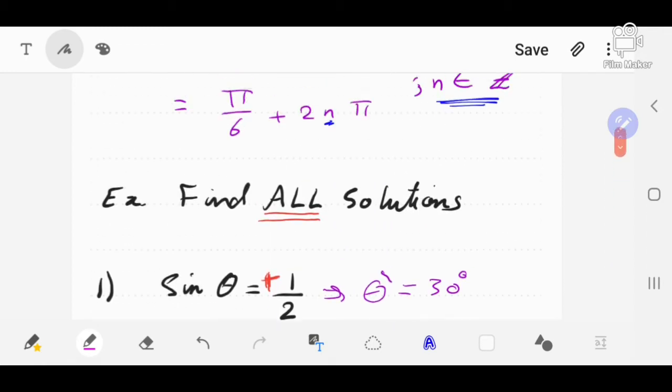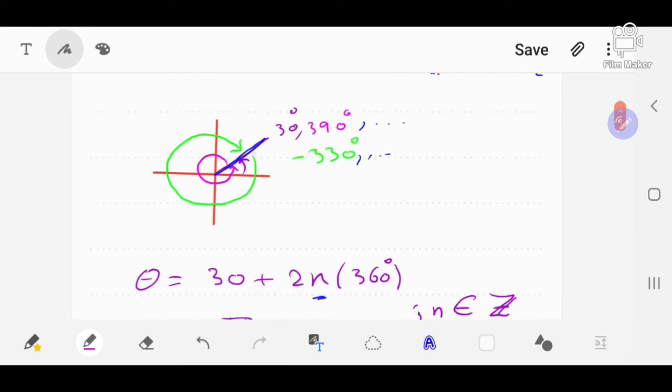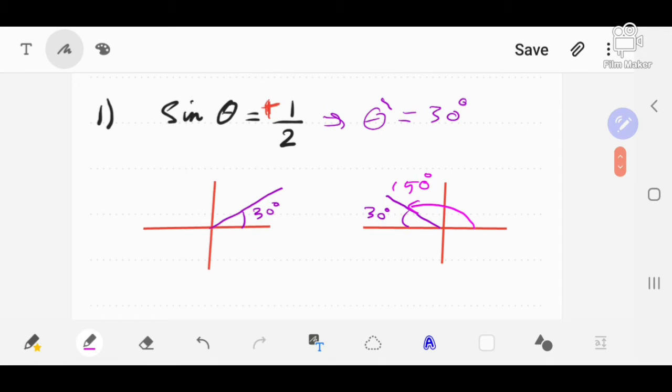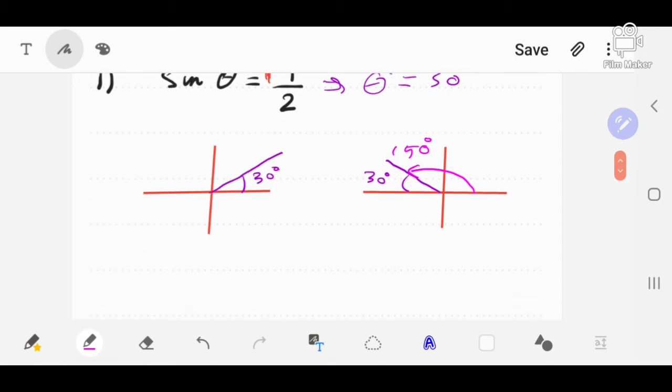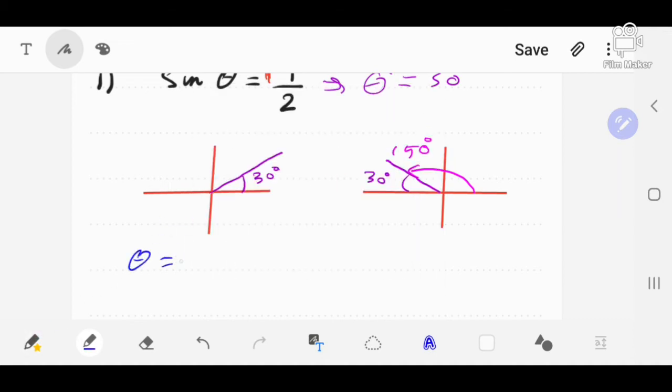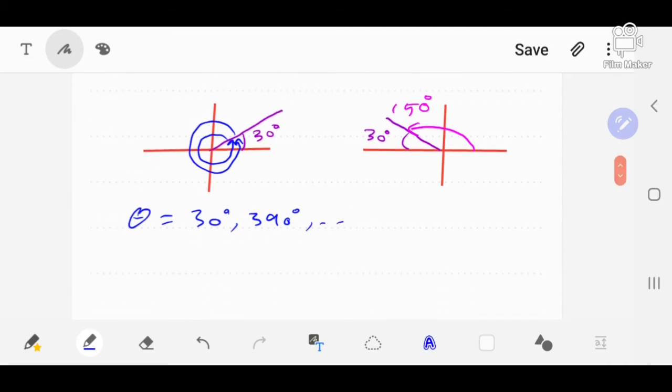Is that all? Actually, no. It also represents any coterminal angle with 30 and any coterminal angle with 150. So what's the solution in this case? Theta will be equal to 30 and the coterminal angle of 30, which is 390, and more than that as positive angles.